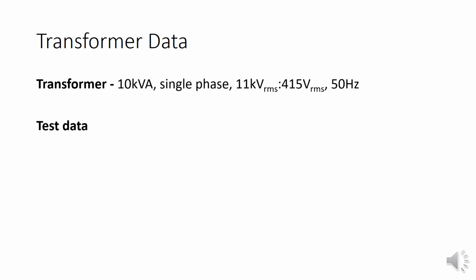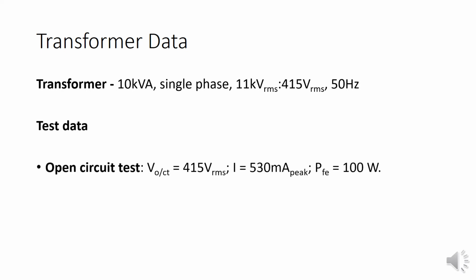Using the open circuit test you can determine RM and XM or LM, and using the short circuit test you can determine the series resistance and reactance, or else the inductance. So there are two tests, and you were given the data for that.